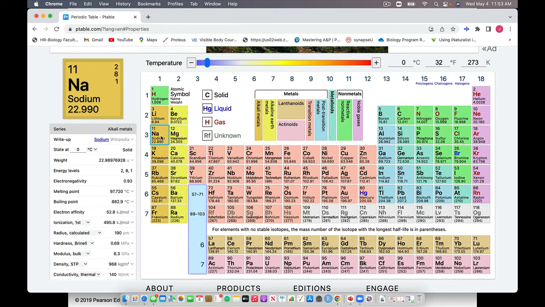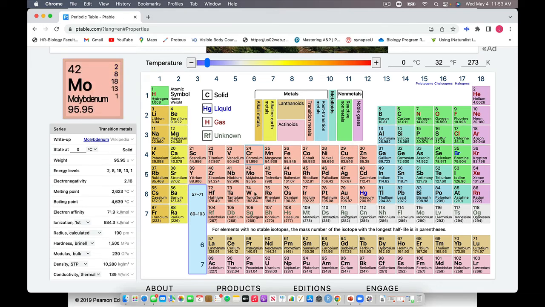Whereas things that have, like sodium, 1 electron in their outermost shell, and chlorine, which has 7 in its outermost shell and needs 1 electron, they tend to be much more reactive and form molecules and compounds.